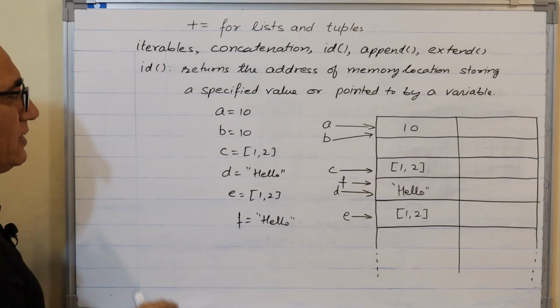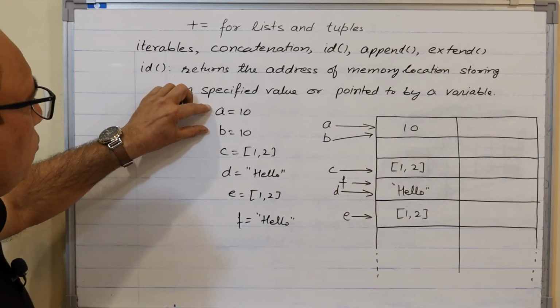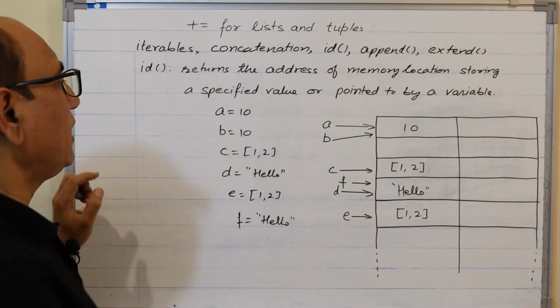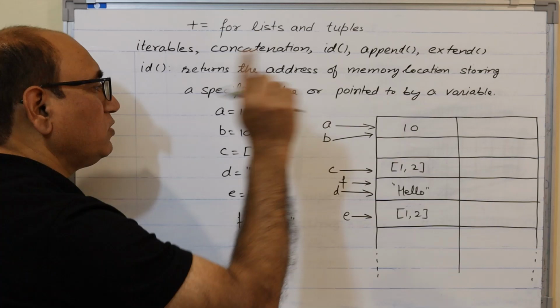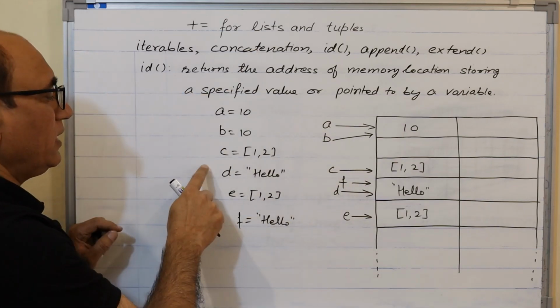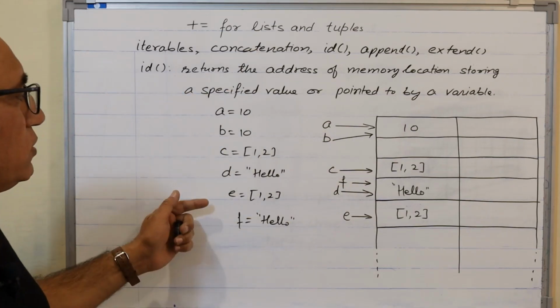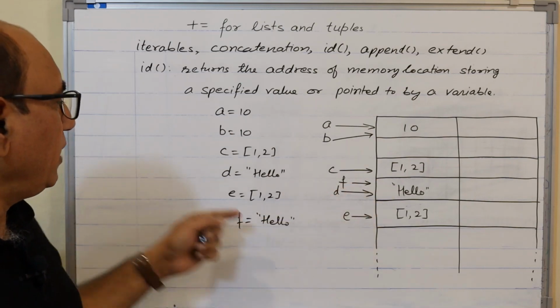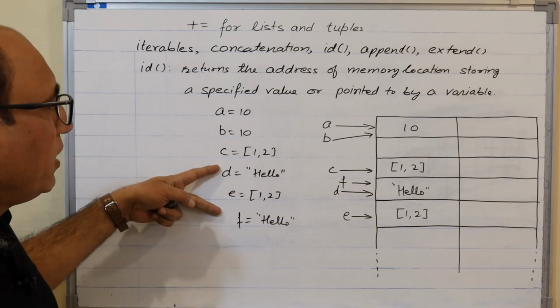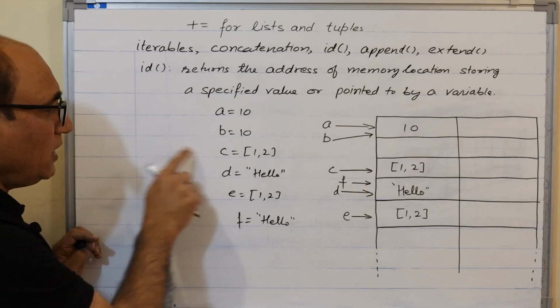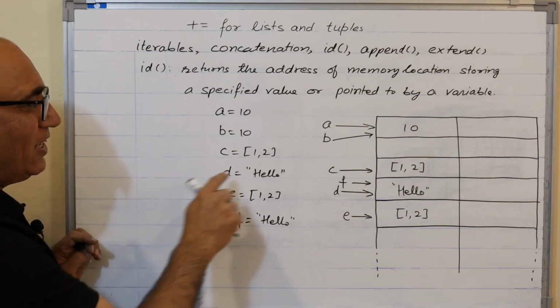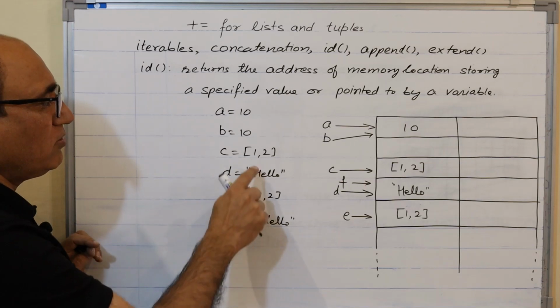Now the point is that A and B are pointing to the same value 10. That value 10 is stored in one memory location and A and B both are pointing to that memory location. Similarly, D and F are pointing to hello. Hello is stored at one memory location and both these variables D and F are pointing to that same memory location. Now C and E, they are also pointing to the same value 1, 2.